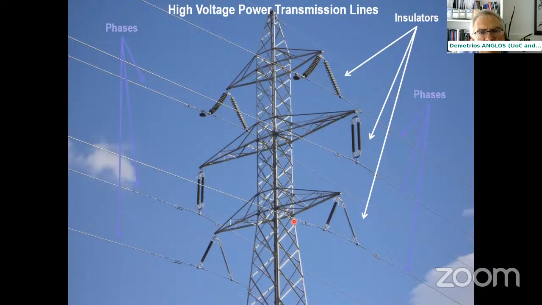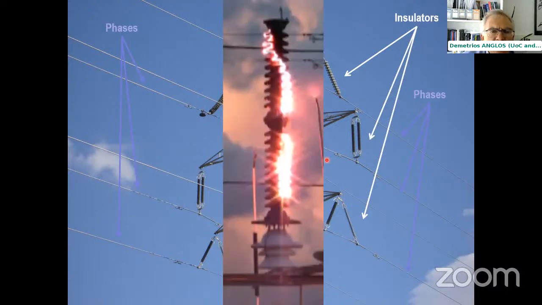These are high voltage power lines, and among the various wires and cables that we have there, we have insulators, which I'm showing on the slide. These insulators are made of silicon rubber, and sometimes they sustain a heavy burden, and we have phenomena like this one.